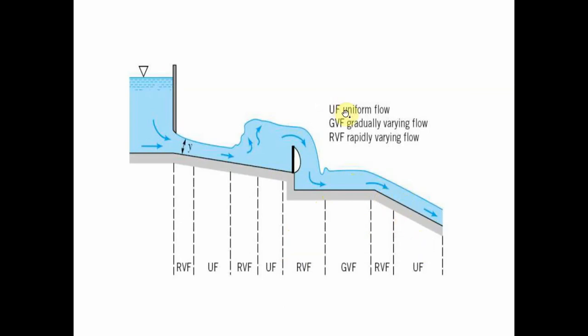So UF means uniform flow, GVF means gradually varied flow, RVF means rapidly varied flow. So in this diagram: uniform, then gradually varied flow, then rapidly varied flow here, and this is also rapidly varied flow.